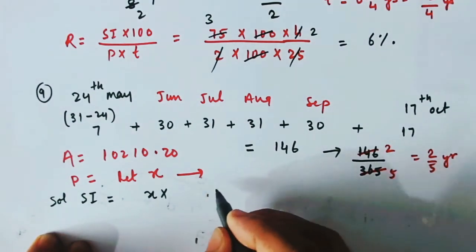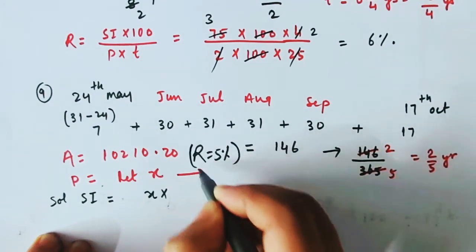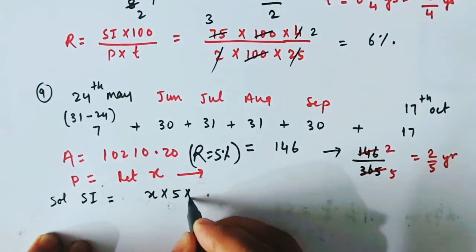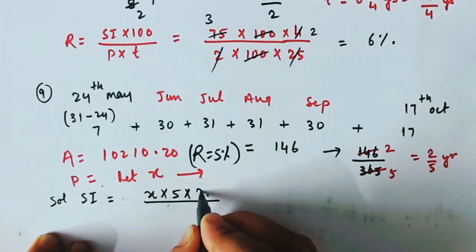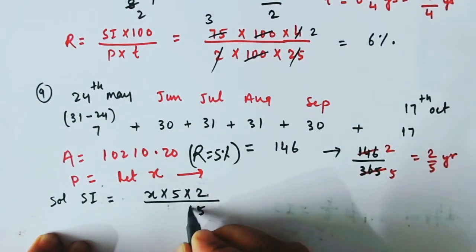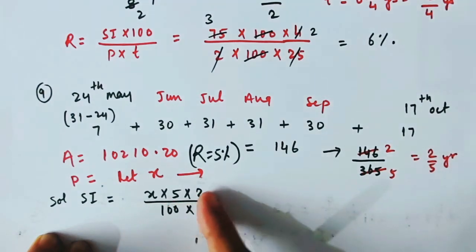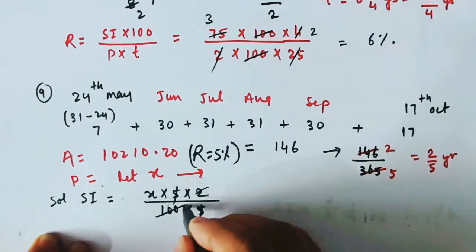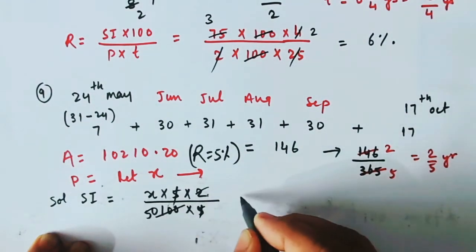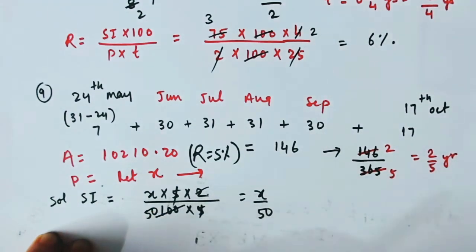They have given you the rate as 5%. So PRT. T is how much? T is your 2 by 5. See, have a look, I will write 2 by 5. PRT by 100. So this 5 will cancel. 2 how many times? 250. So the simple interest is x by 50.